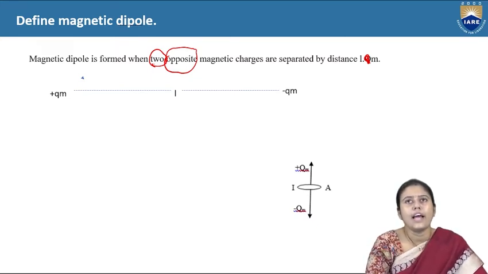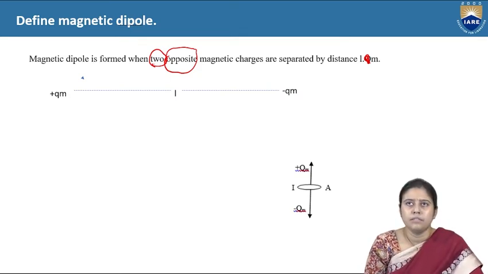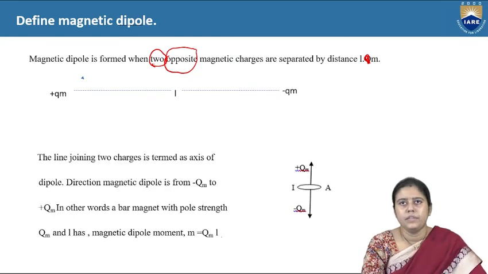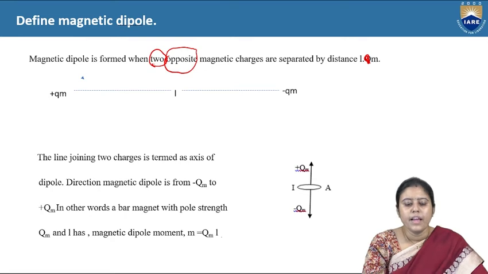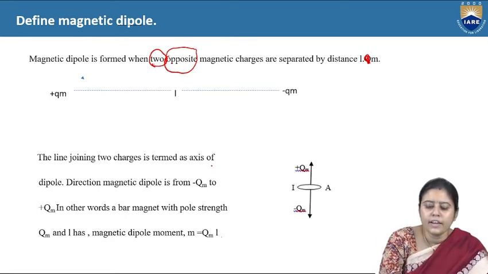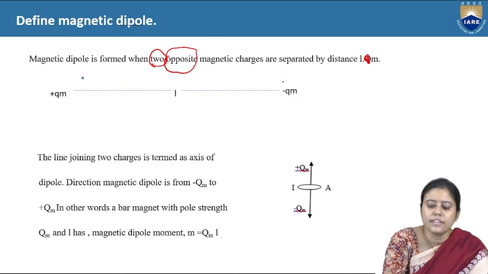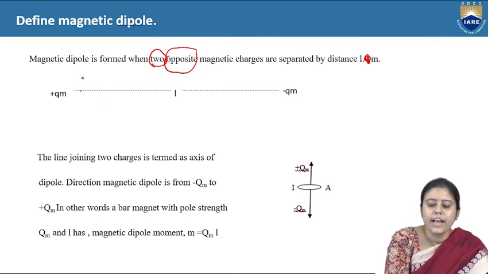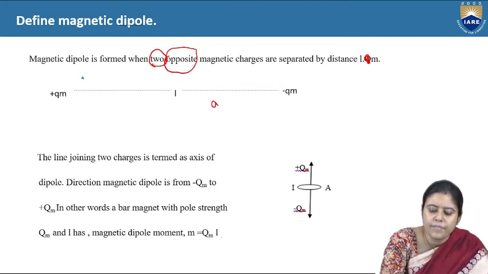So a magnetic dipole is formed when two opposite magnetic charges are separated by a distance of L meters. The line joining the two charges is known as the axis of the dipole.